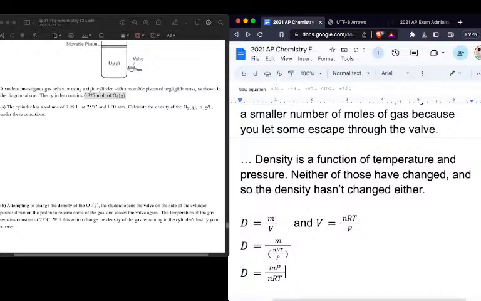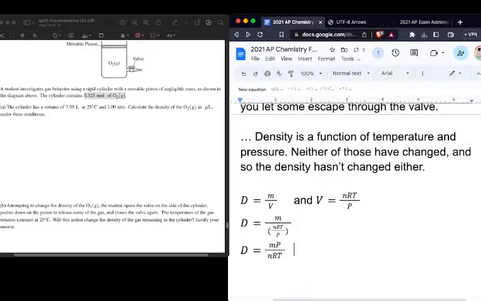And then lastly, I'm going to point out that M over n by definition is molar mass. So density is, oh, that's the formula I was trying to think of. In grade 11 chemistry, I think we gave kids this formula, but obviously the AP doesn't.